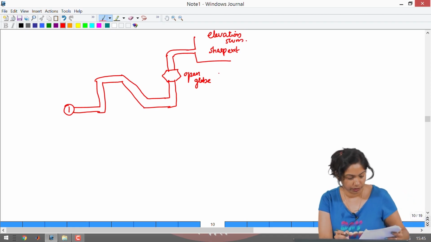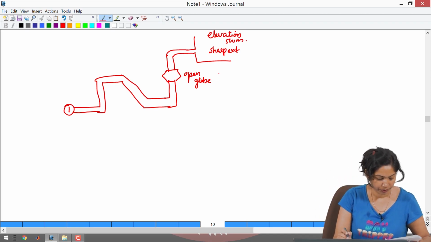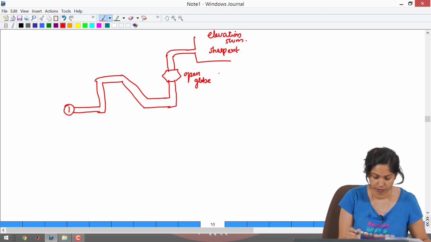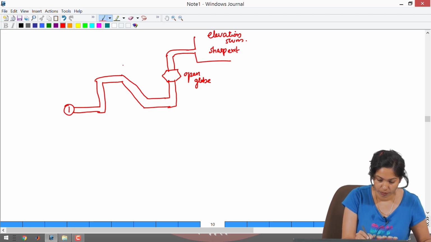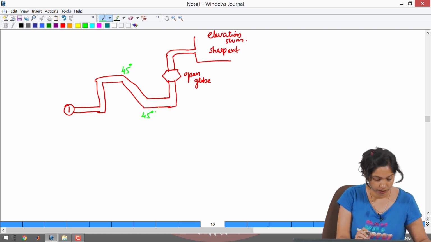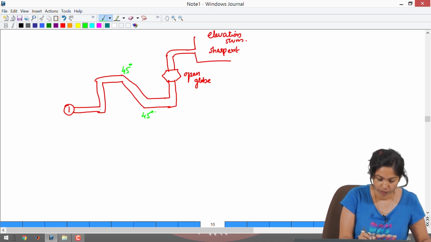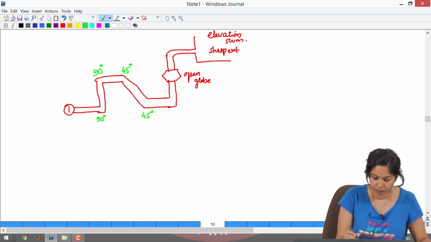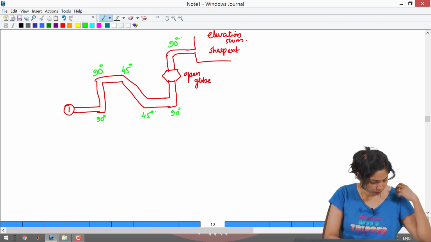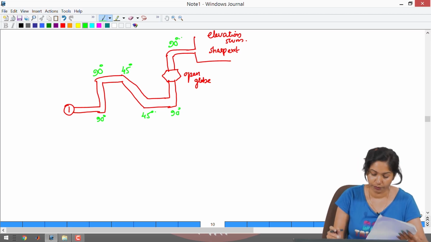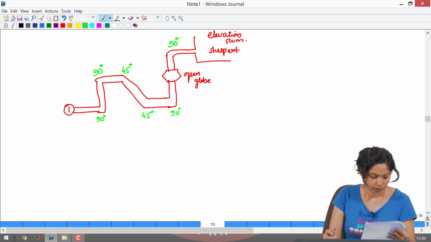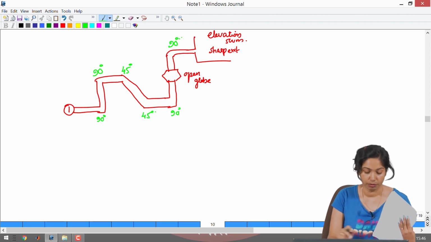As given in the question, you can see there are two 45 degree flanged long radius elbows. Those are here, one is here at 45 degree, one is here, and for 90 degree long radius flanged, those are 90 degree, 90 degree, then 90 degree and 90 degree. So, we have to calculate the gauge pressure at point 1.